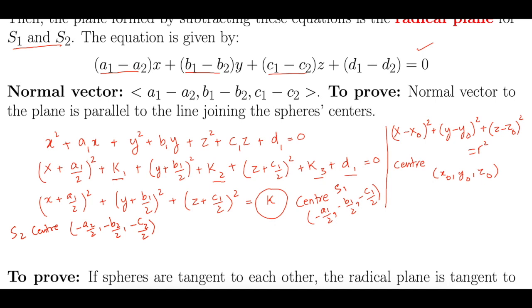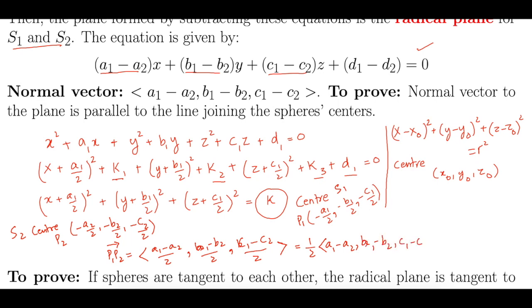So the vector joining these centers, P1 and P2: P1P2 is this guy minus this guy, so I can say (a1 minus a2) over 2, (b1 minus b2) over 2 and (c1 minus c2) over 2. This is just half of (a1 minus a2, b1 minus b2, c1 minus c2).